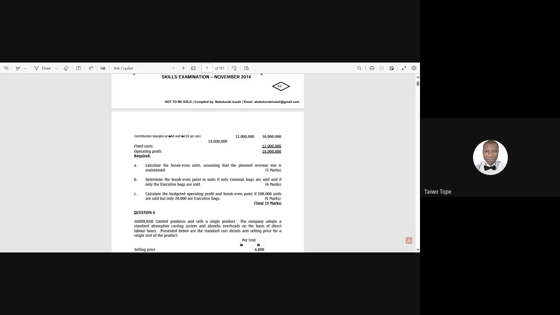See the statement in units. Now, not both. If only common bags are sold, and if only the executive bags are sold, what is the break-even point in units?